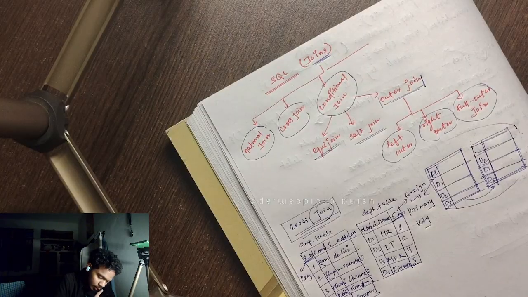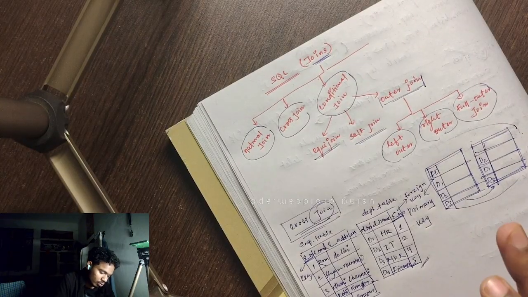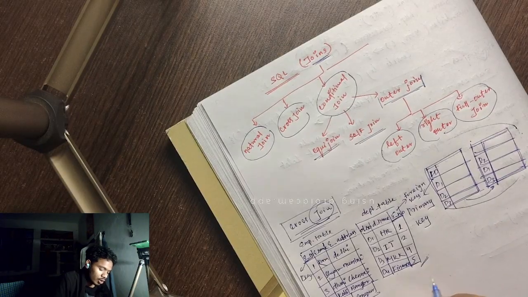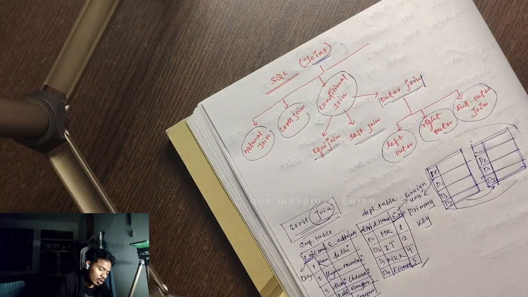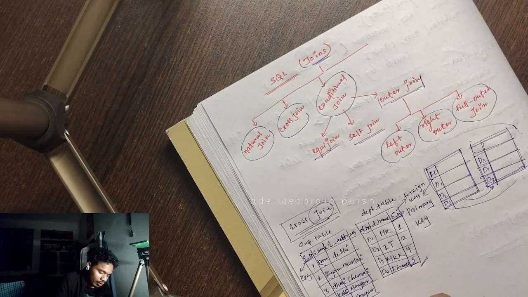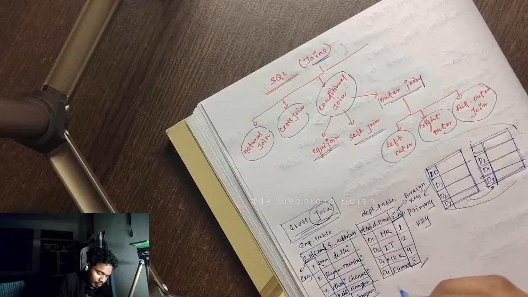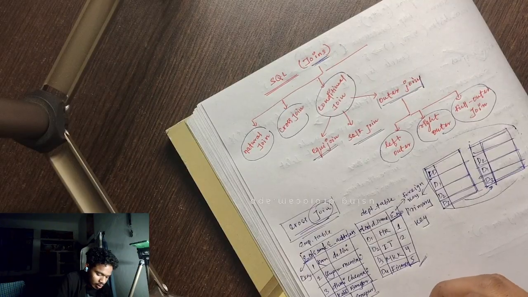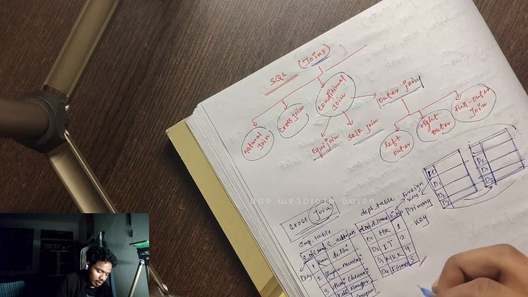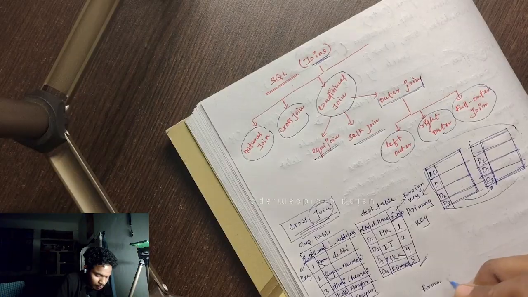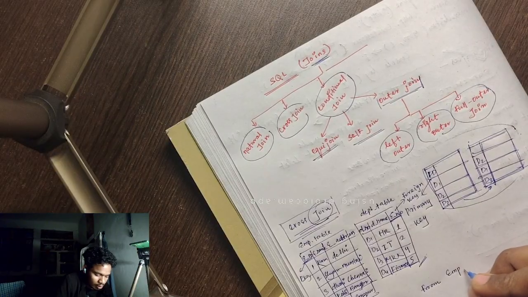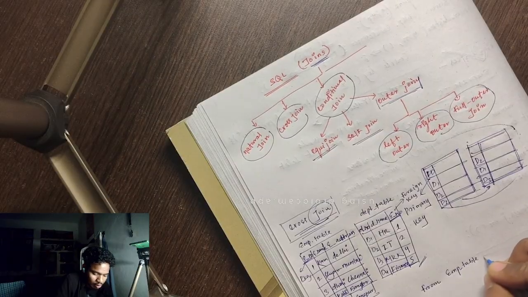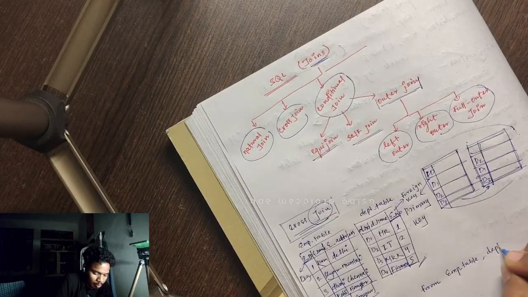Now we have these two tables. If I am to say what is cross join, if we join both, I write: select star from employee table, comma, department table.